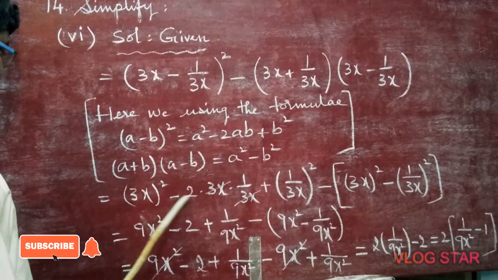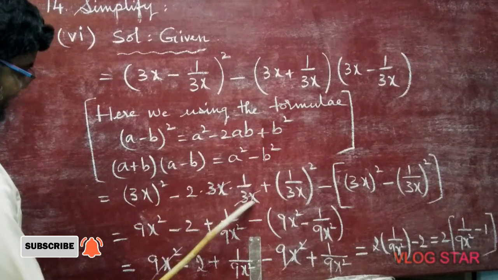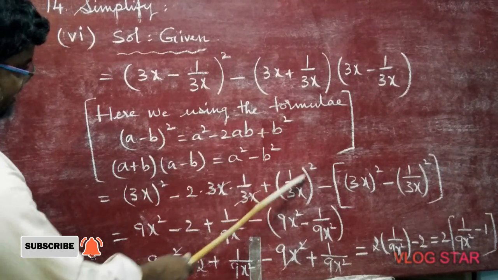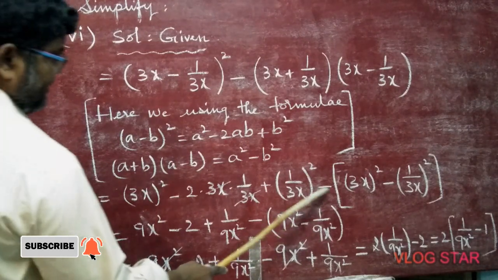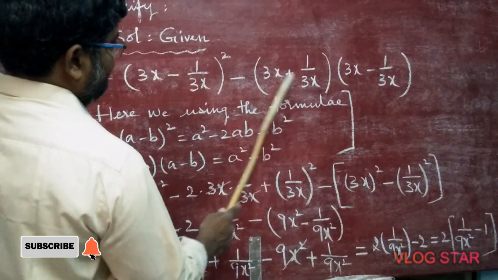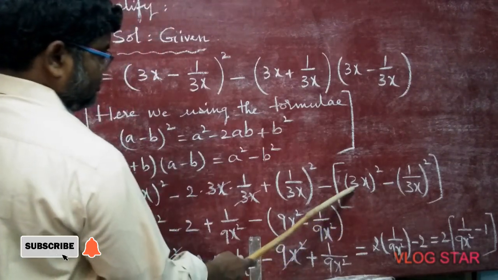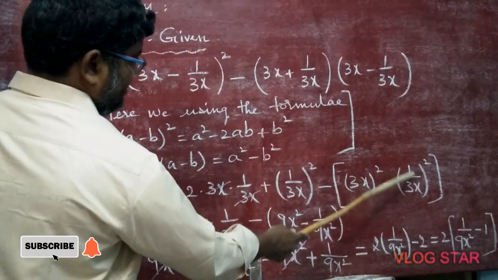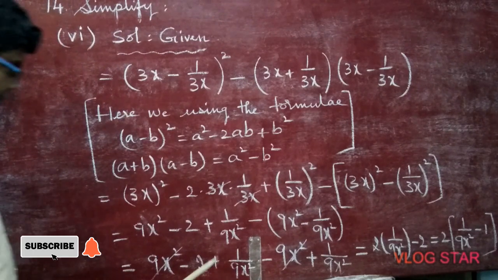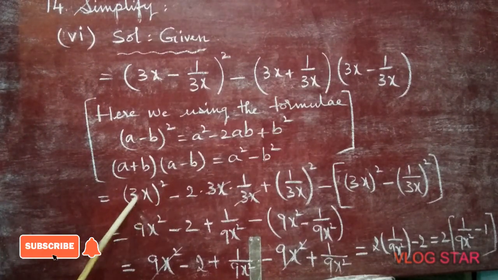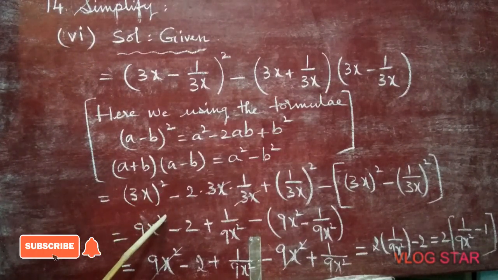(3x)² − 2 into 3x into 1/3x + (1/3x)², minus of, it is in the form of (a+b)(a−b), a² − b². So (3x)² − (1/3x)². Now (3x)² means 9x².